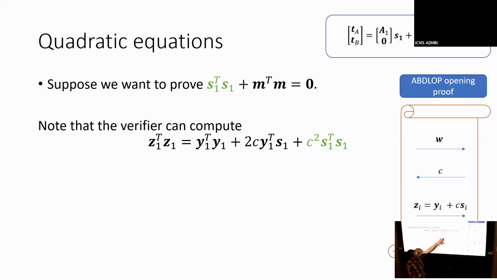Writing it out, if you look at this as a quadratic equation over C, the quadratic term has the part we're interested in. So our goal will be to come up with an expression where the quadratic term is exactly that part, and we will prove that the coefficient of this quadratic term is equal to 0.